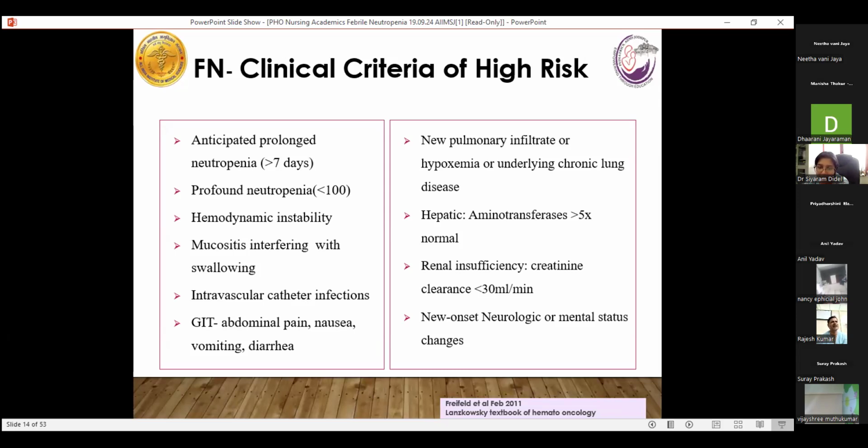System-wise, we have GI involvement: abdominal pain, nausea, vomiting, diarrhea. If there have been new pulmonary infiltrates or new onset hypoxemia or underlying chronic lung disease. In liver, if AST, ALT is elevated more than 5 times normal, if there is renal insufficiency, or there have been new onset neurological complaints or new onset mental status changes. So all these classify as high risk patients with febrile neutropenia.